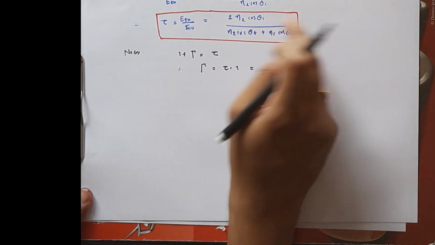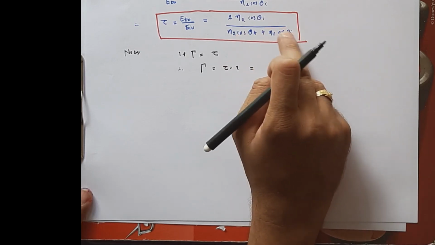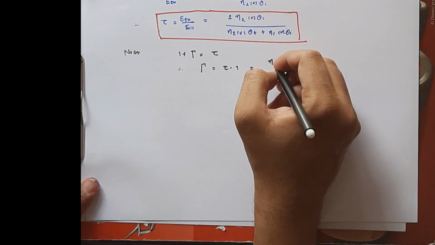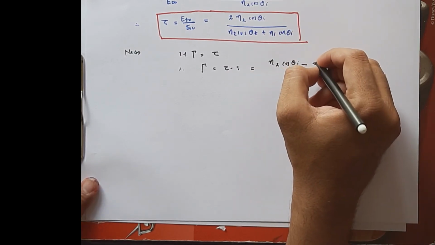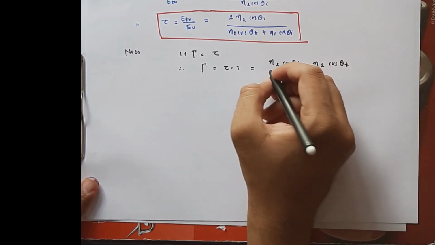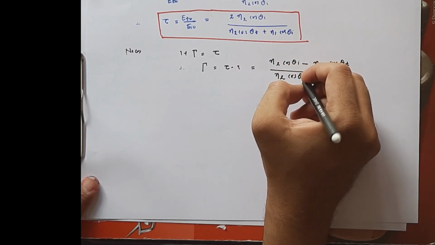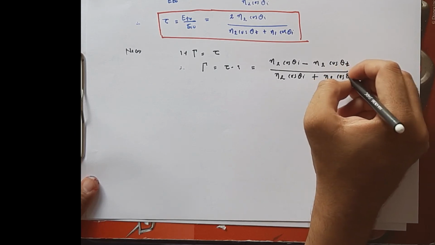This one minus 1, so one term cancels out, and you can write it this way: eta2 cos theta_i minus eta1 cos theta_t divided by the same terms, but here with a positive sign, eta2 cos theta_t plus eta1 cos theta_i.